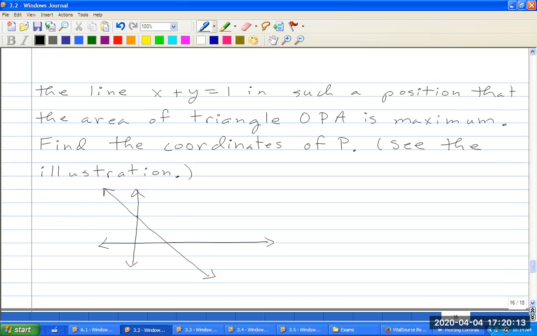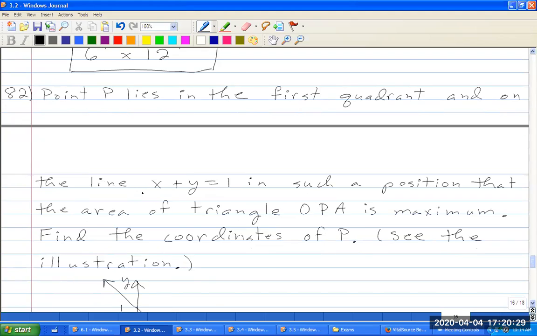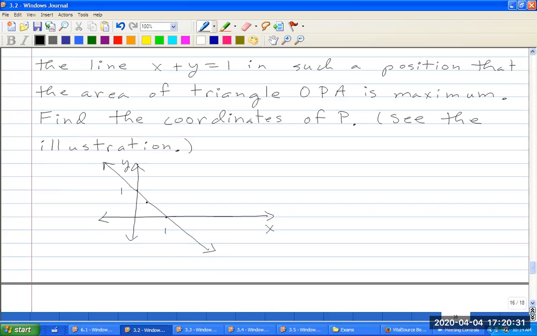So suppose this is 1, and this is 1, and this is the point P with coordinates x, y.